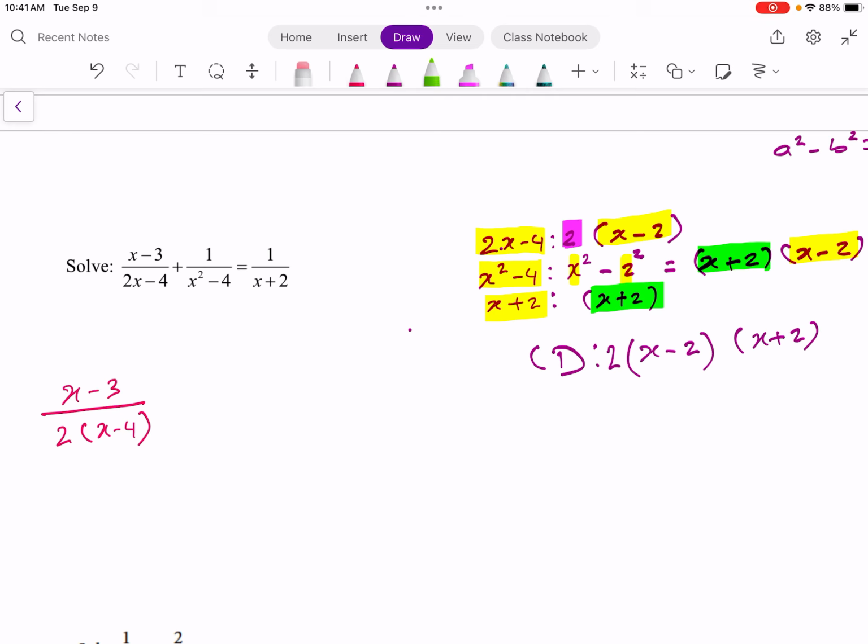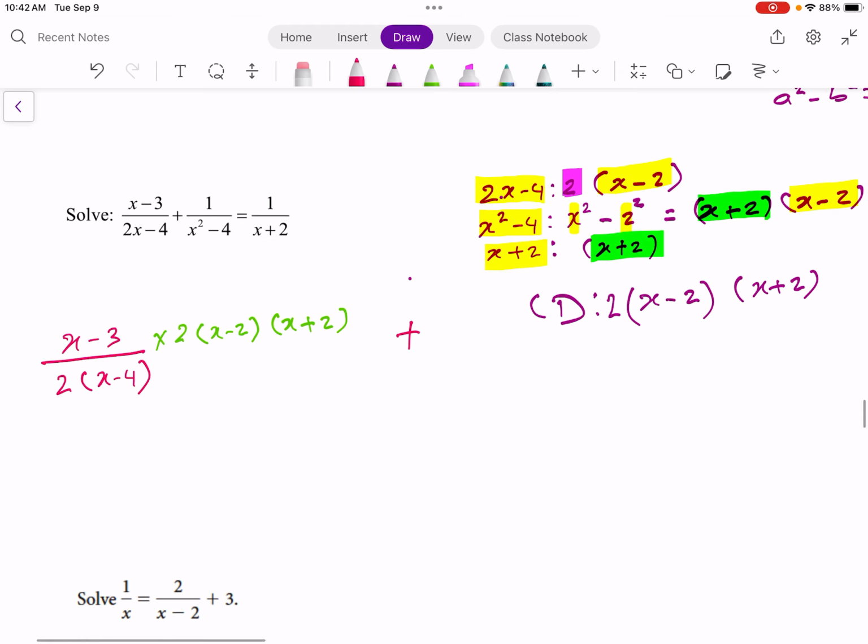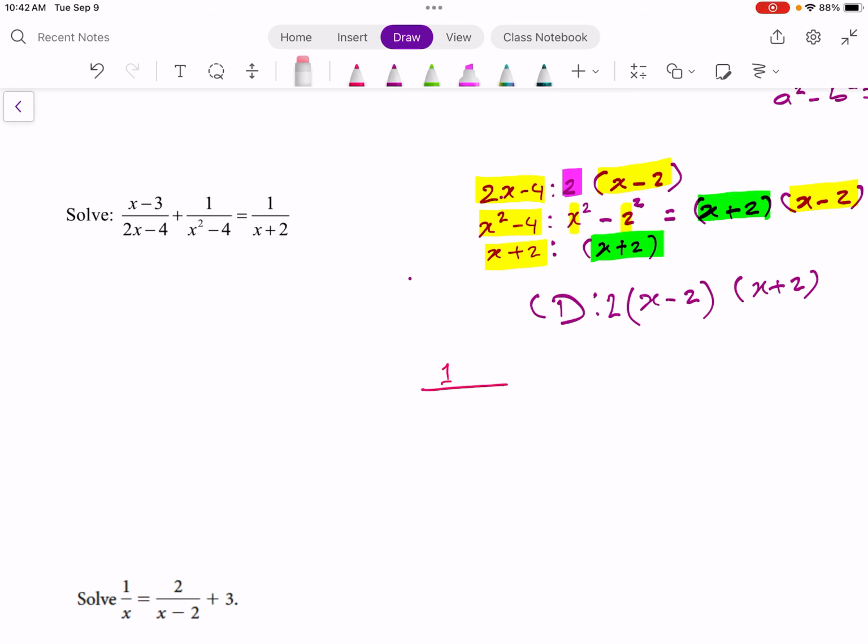Now let's multiply this by our common denominator, which is 2 times x minus 2 times x plus 2. Plus the second expression, which is 1 divided by x square minus 4.